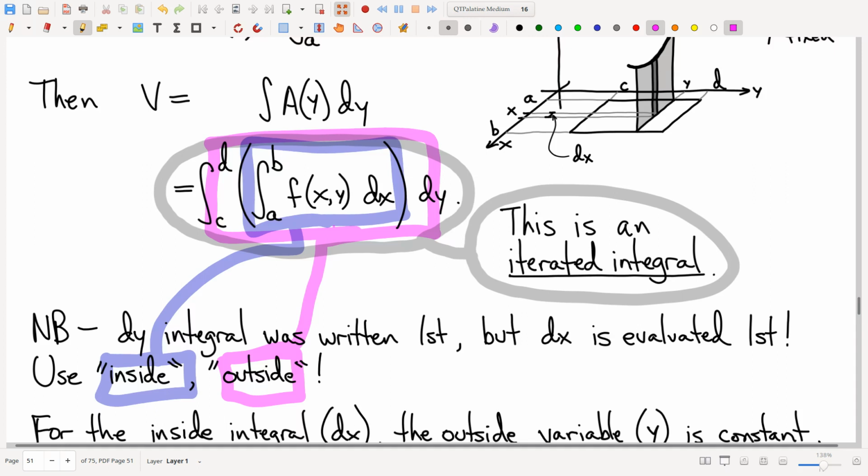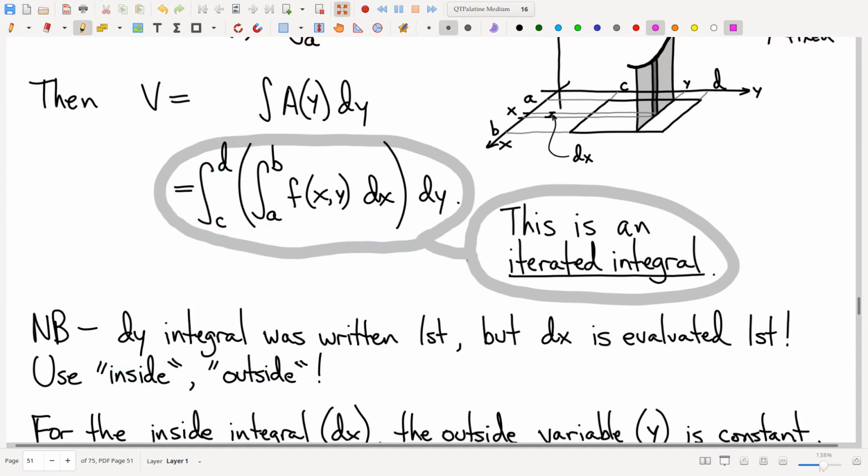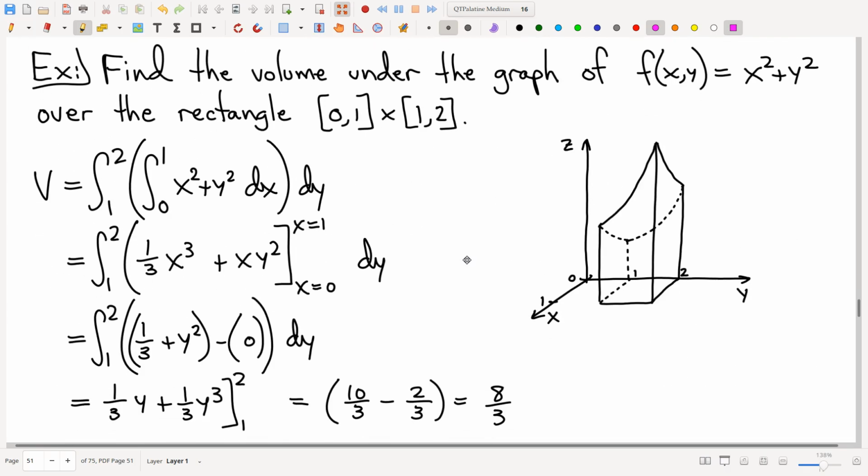Okay. So let's do an example. Here we go. Notice this question is right down the pipe, exactly the scenario that we've already entertained. We don't have to go through a slicing argument again. We've already done it.